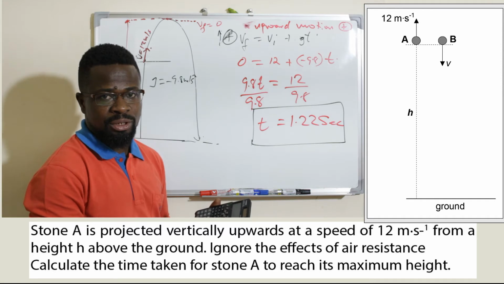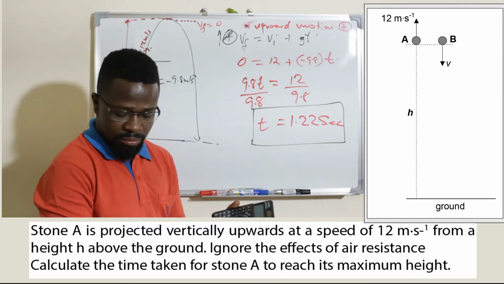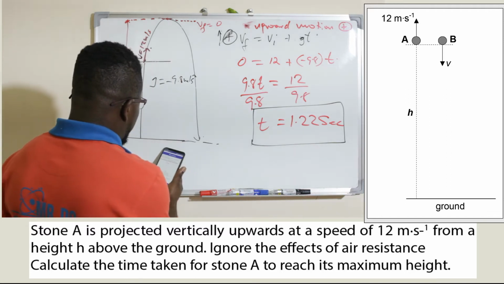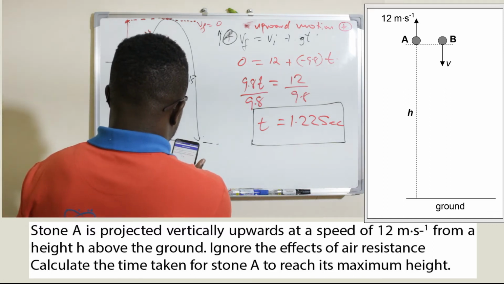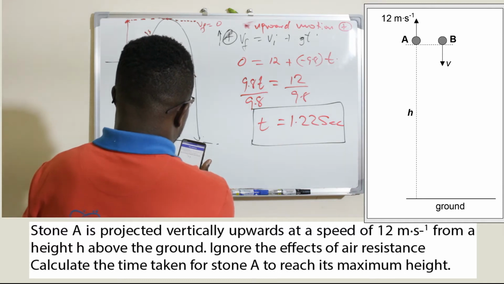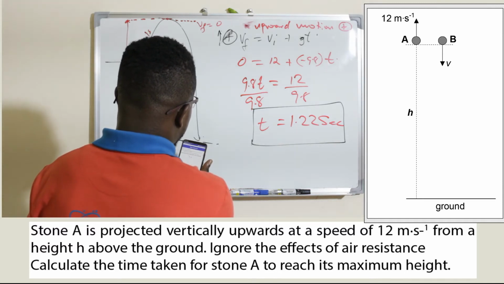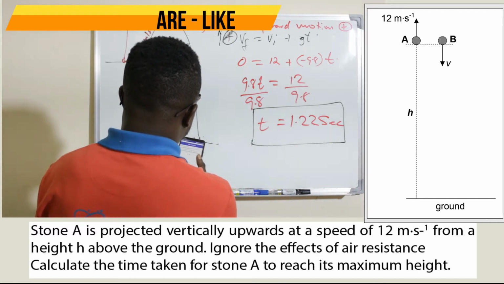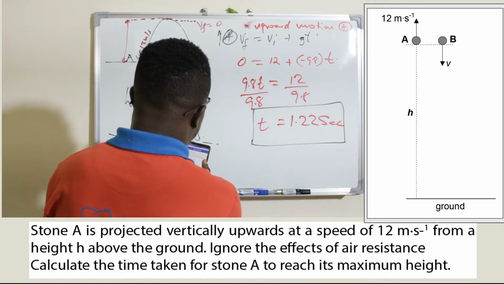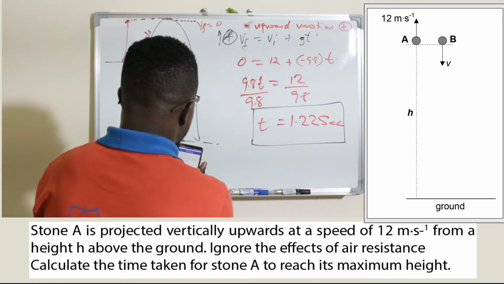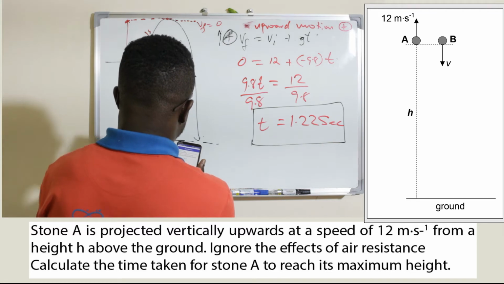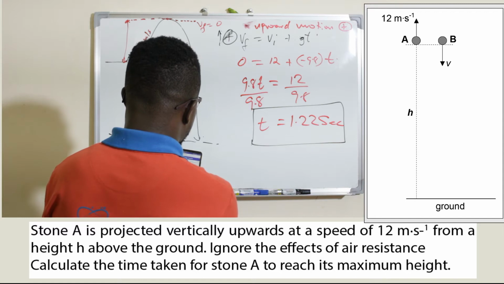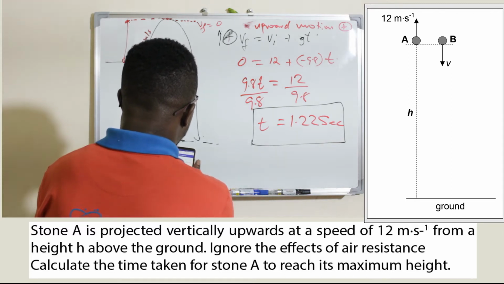Let's look at question number 2. What does that question say? Question number 2 is saying that at the same instant that stone A is projected upward, stone B is thrown vertically downwards from the same height at an unknown speed V. Refer to the diagram below.